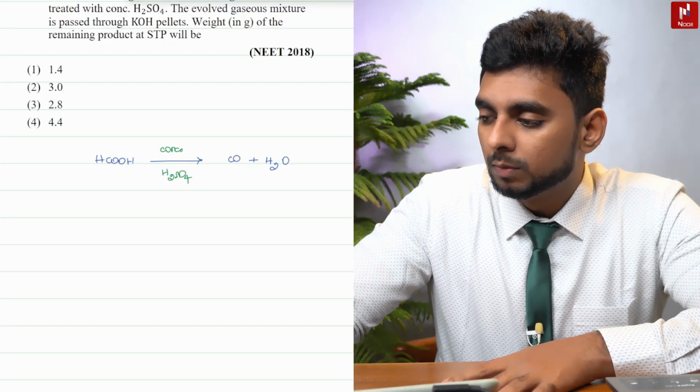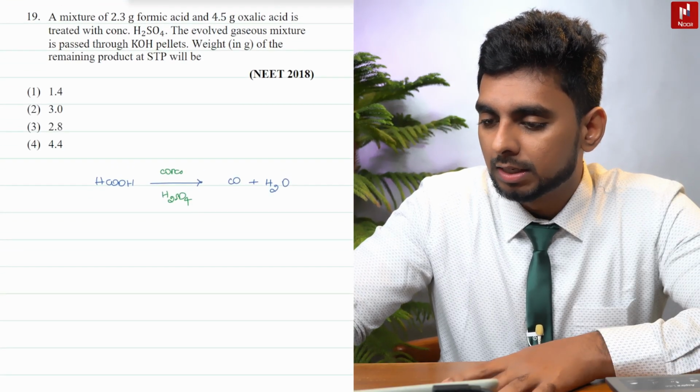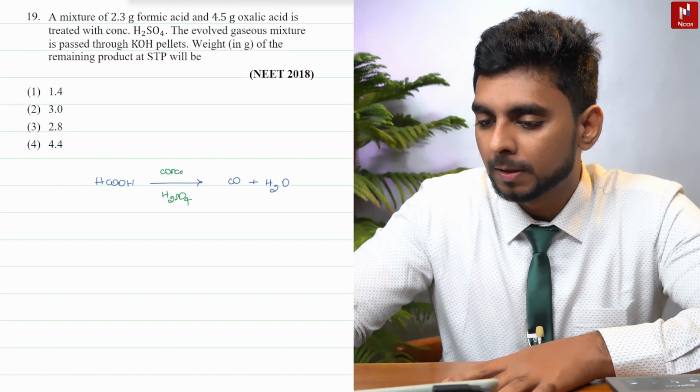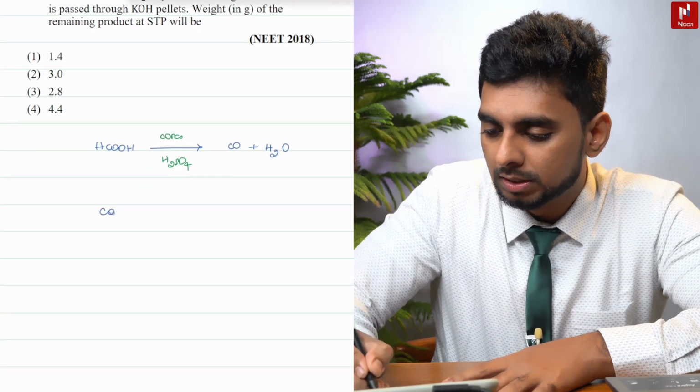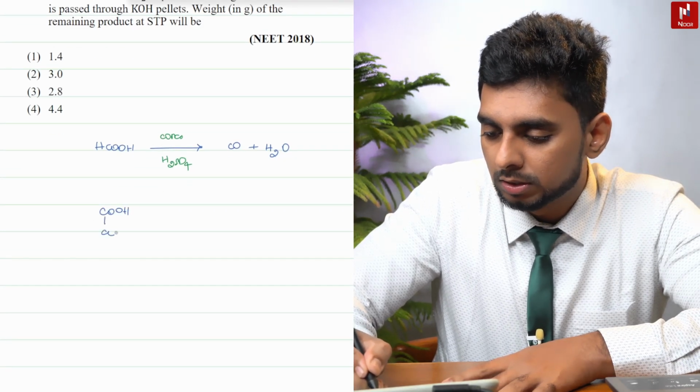Then, in the case of oxalic acid, in the same way, that too is treated with concentrated H2SO4. The formula for oxalic acid will be COOH single bond COOH.